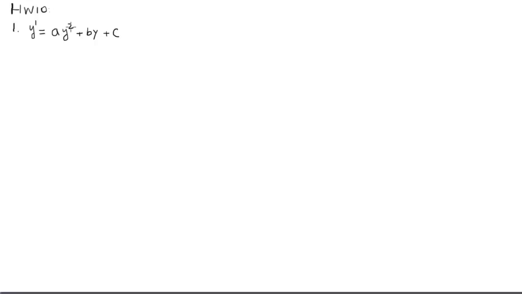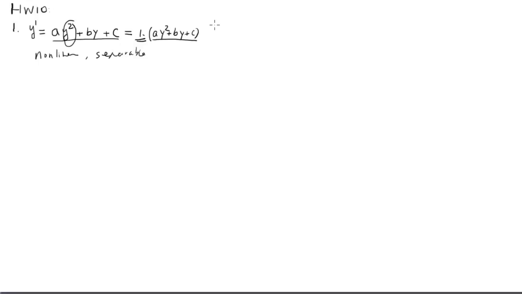Because we have this term over here, it's nonlinear, and this function over here is a function of y only, so this is something like 1 times ay squared plus by plus c. So this one over here is nonlinear and separable. Separable because this is a function of t and this is a function of y only.